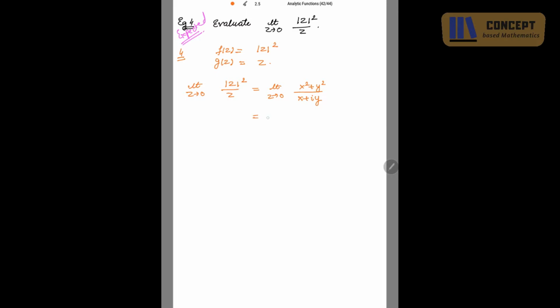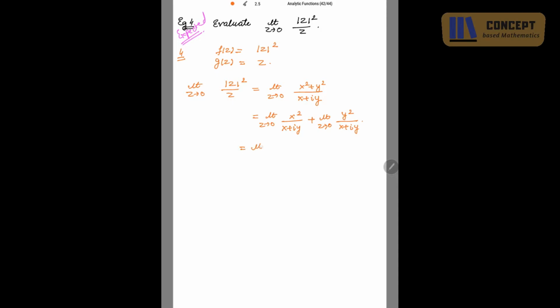So this is equal to limit z tends to 0. I am separating this: x square over x plus iota y, and separating y square on the other side, limit z tends to 0, y square over x plus iota y.